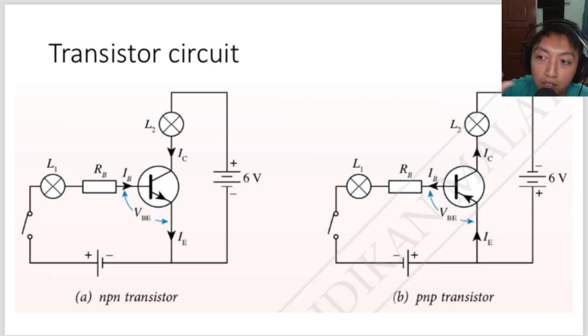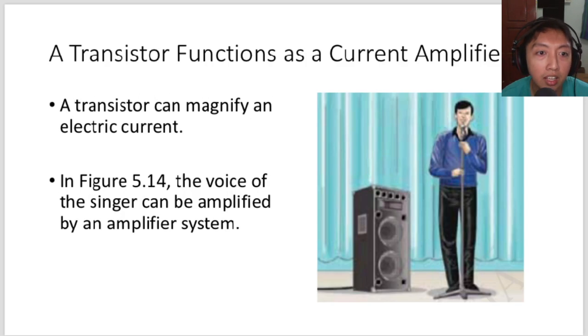If we want a little bit of current in the collector circuit, we give the base just a small current. If we want more current in the collector circuit, we also give the base circuit more current.